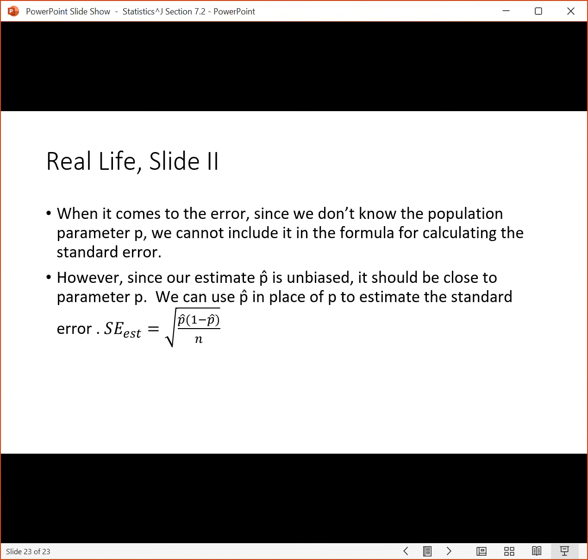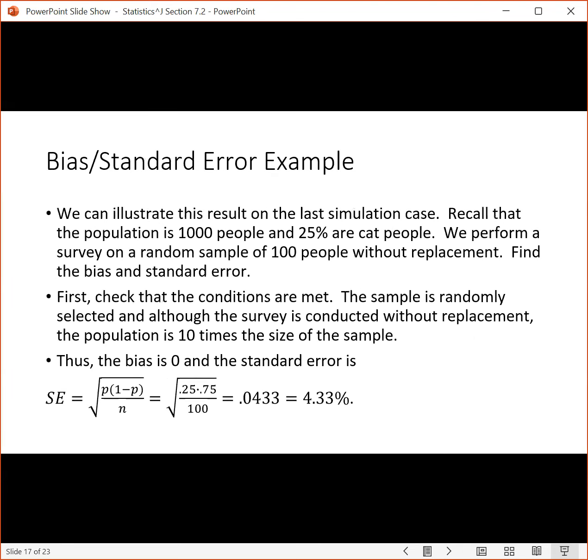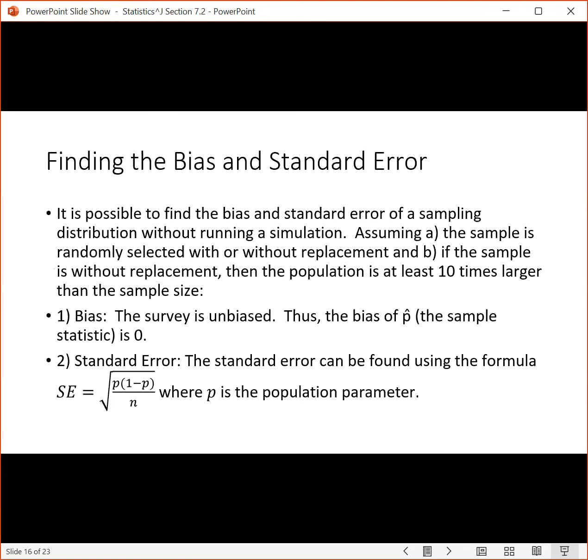And then the second thing is, when it comes to figuring out what that error is, we don't know what the population parameter is, so we can't use the formula that we had earlier in this video. If you go back a few slides, here we go, notice this formula has the population parameter in it. In real life, we won't know the population parameter. We're trying to estimate it.